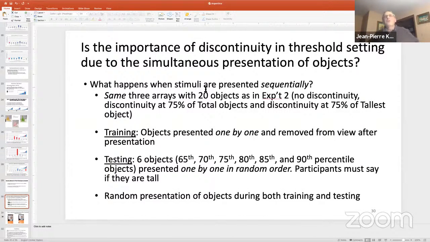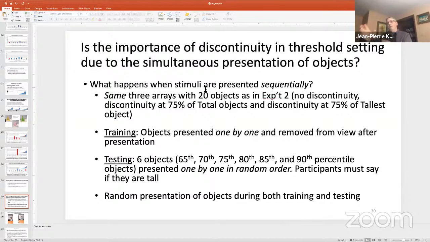we then ask a third question, which is why do people like discontinuity? Why do they latch on discontinuity? And in particular, what would happen when stimuli are presented sequentially? Now, we ran 3 experiments, but I will only report in the interest of time one.